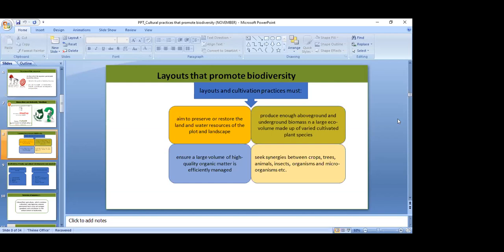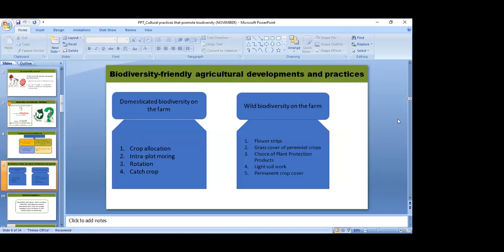Any layout that will bar insect activities, in as much as they are not becoming pests on the field, should be discouraged. And those should be the aims of any layouts we are going to use on our various farms. So we move to the biodiversity-friendly agricultural developments and practices.